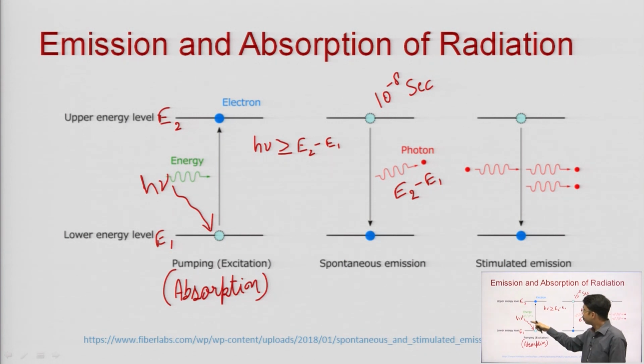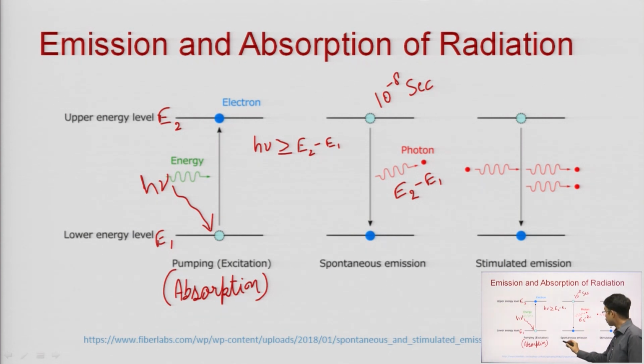Remember, the absorbed photon can be of greater energy than E2 minus E1. Then what will happen? The remaining energy will be emitted in another form, either as heat. Okay. So, the energy of this photon is E2 minus E1, and if this energy h nu is such that the frequency is in the visible region, then we can see this photon.